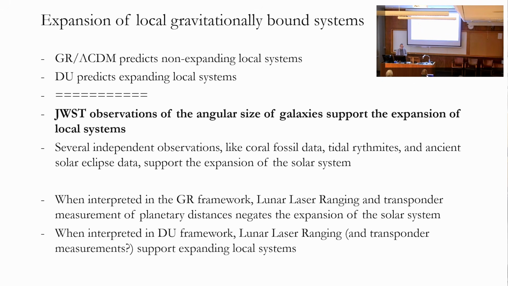So we stated that the standard model predicts a non-expanding local system, DU predicts an expanding local system, JWST observation of the angular size of galaxies supports the expansion of the local system, and several independent observations like the coral fossil and tidal rhythms and ancient solar eclipse, which I showed here, also support the expansion. When interpreted in the general relativity framework, lunar laser ranging and transponder measurement of planetary distances negate the expansion of the solar system.